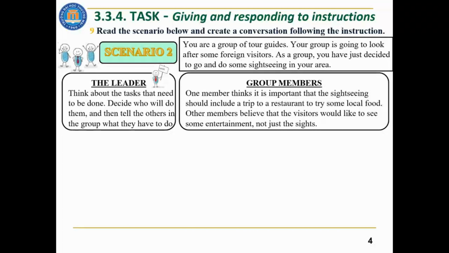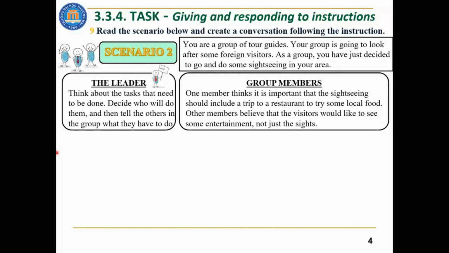For other group members, one member thinks that it's important that the sightseeing should include a trip to a restaurant to try some local food, and other members believe that the visitors would like to see some entertainment, not just a sight. So please spend some time preparing and creating a conversation for this scenario.